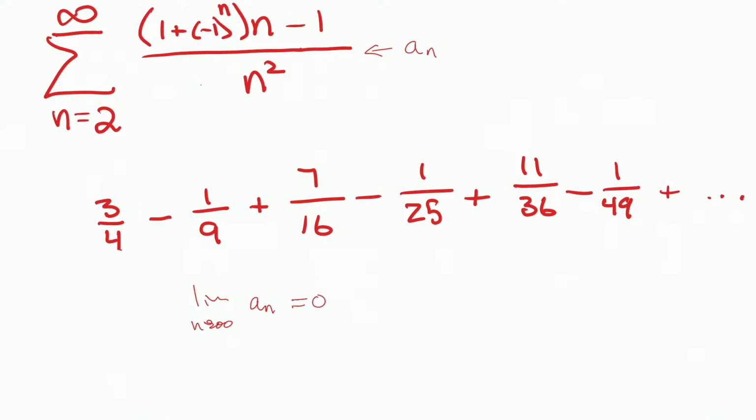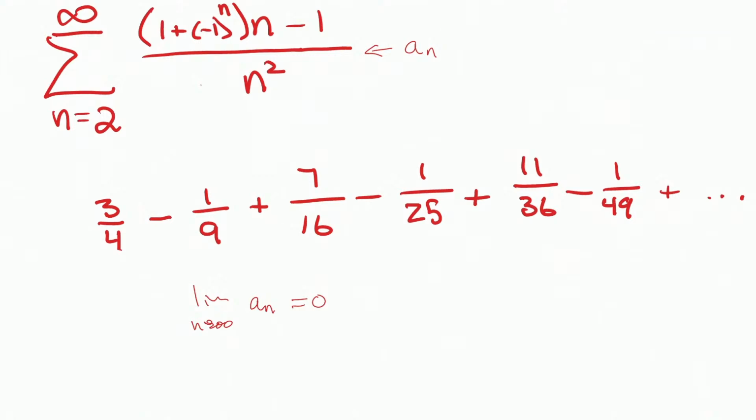Notice that the positive terms are all getting smaller. The negative terms are also getting closer to 0. So 11/36. The next one would be 2 times 8, 16 minus 1, 15 over 64. So that's the next positive term and so on.